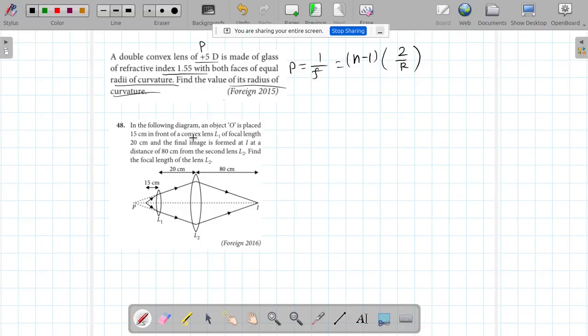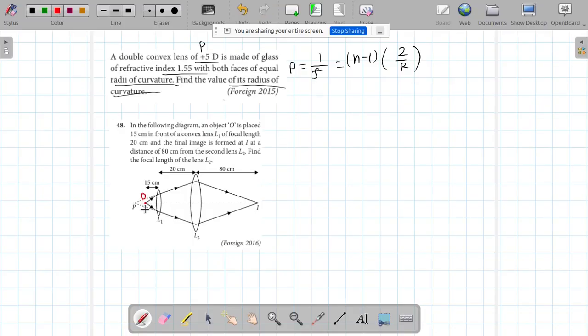Read the question. In the following diagram, object O is placed 15 centimeter in front of convex lens L1 of focal length 20 centimeter. Here is the position, 15 centimeter, the object was placed at this point.